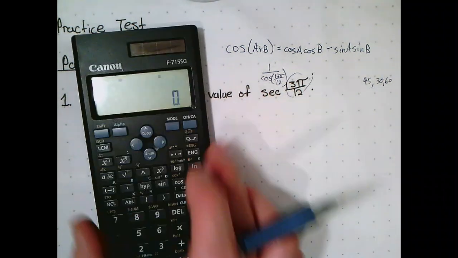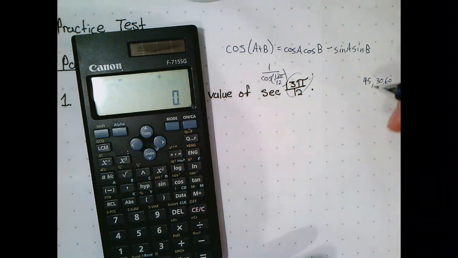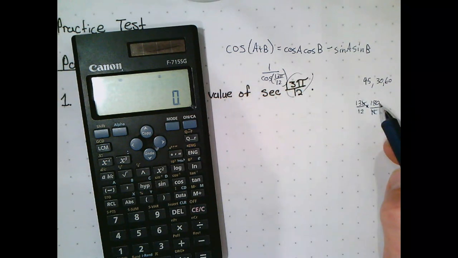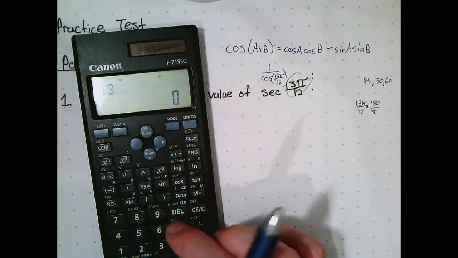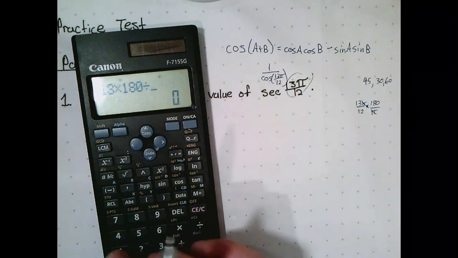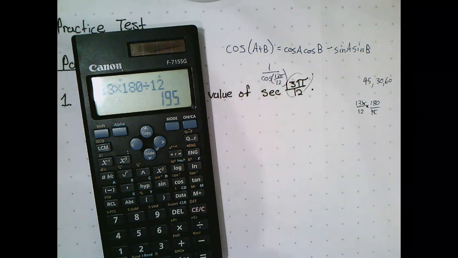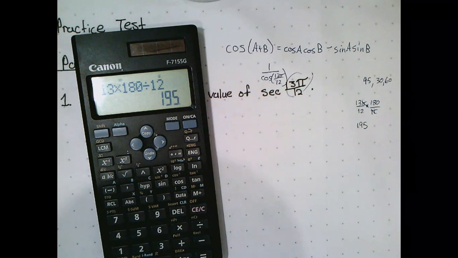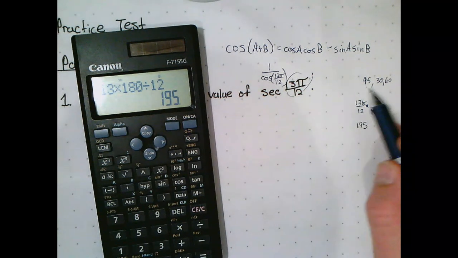So we will do 13 pi over 12 multiplied by 180 over pi. The pi's cancel out, and I have 13 times 180 over 12, which is equal to 195, which makes sense, right? A little bit bigger than 180, so it's a third quadrant angle.